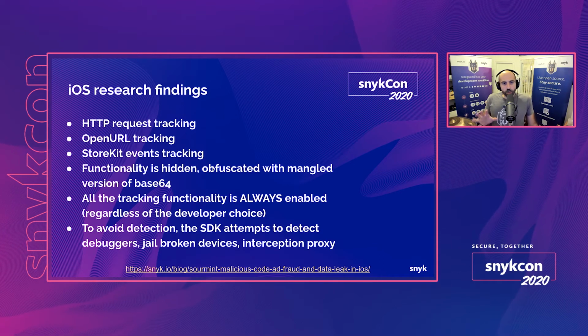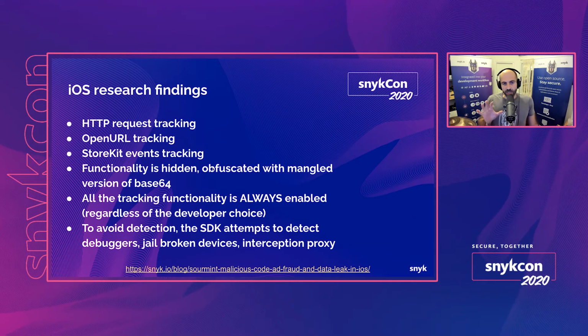What's important here is that this excessive tracking was performed using a method that is not acceptable in this context, which is method swizzling. Basically, you dynamically instrument yourself into every API call, in this example for HTTP requests, and you grab the data and send it to your servers.